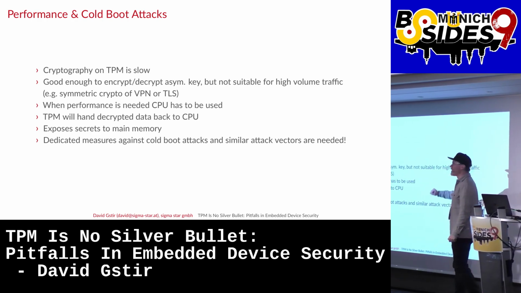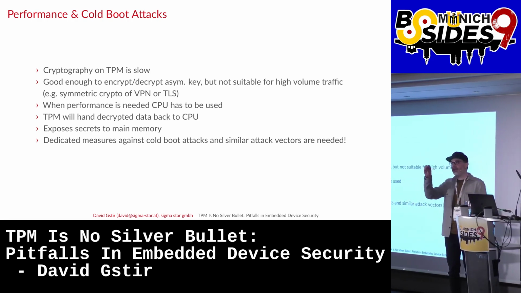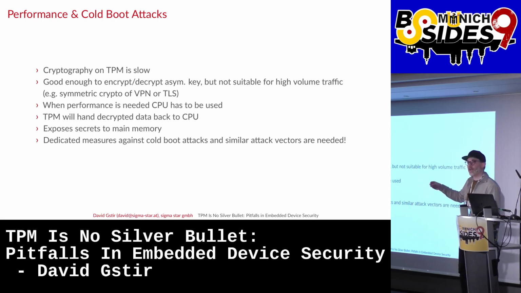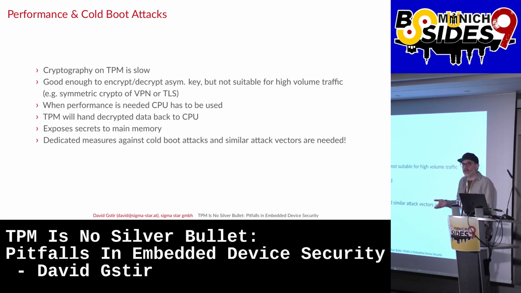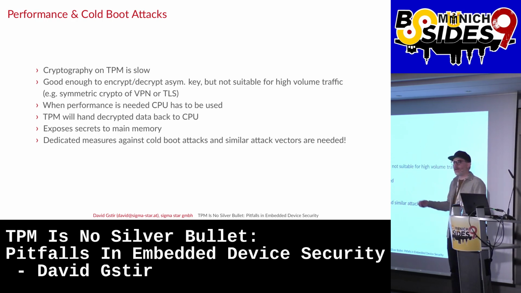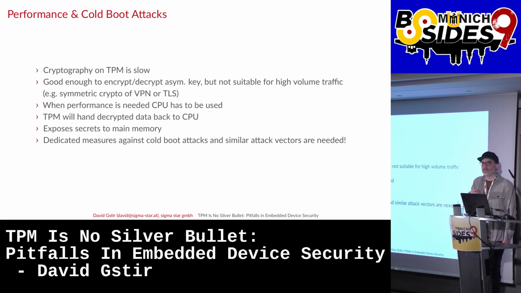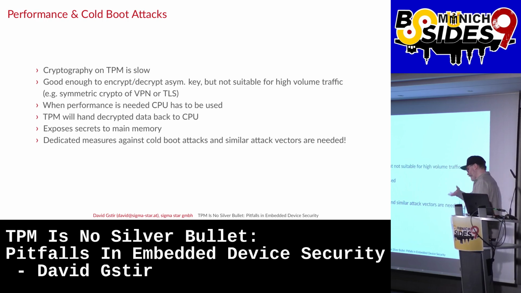Okay, as I mentioned, performance. So the main thing here is for using the TPM, you have to get your encrypted data back to the CPU. So at some point, it's in memory. So cold boot attacks are actually an attack vector with TPM protected keys, because you will have them in memory once in a time. Think of full disk encryption.